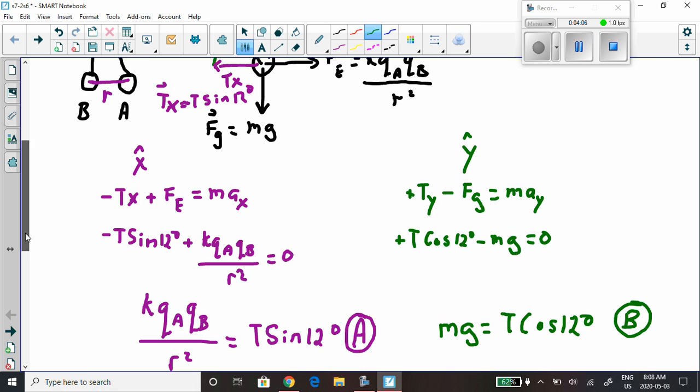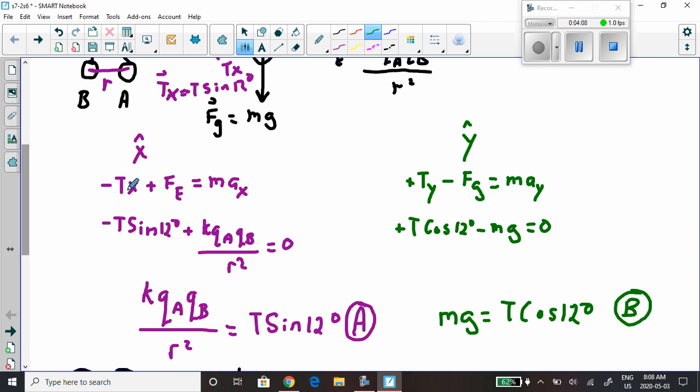Then I do some substituting. Keep the negative sign. This becomes tension sine 12 degrees. Plug in what the electric force is. I know what that is. It's not moving. Acceleration is 0. Similar here. Plug in the tension cos 12 degrees. Plug in mg for force of gravity. No vector signs. The negative sign that I put in already takes care of that. It's not moving.